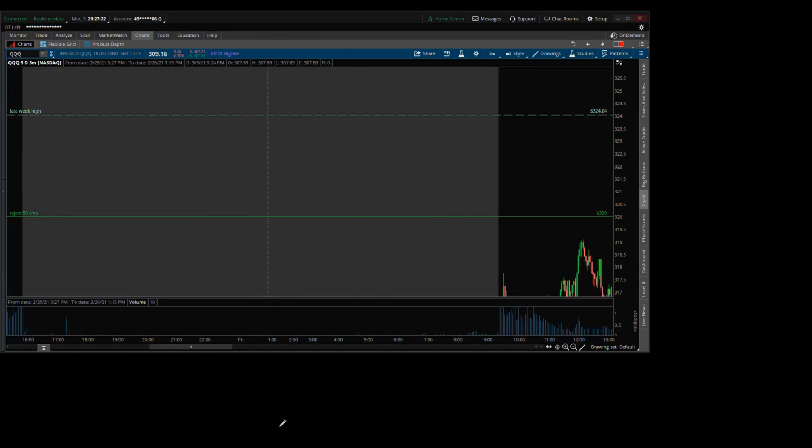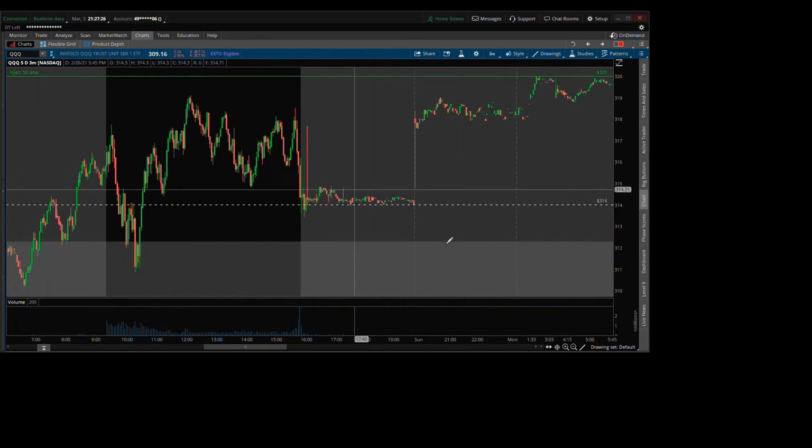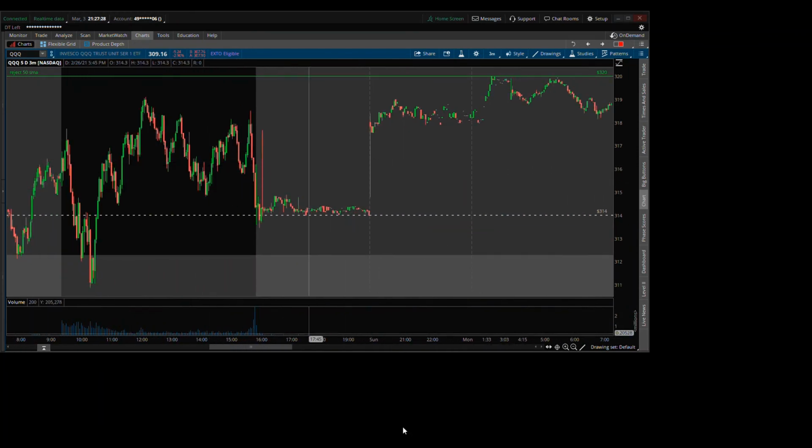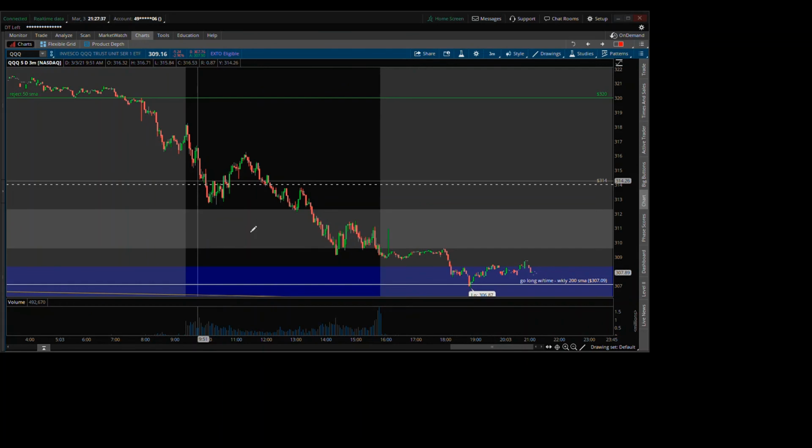It's riskier when you're day trading because you have to be more patient. As soon as the play goes against you, you have to cut it. For example, if I go in short here, I have to make this my stop.